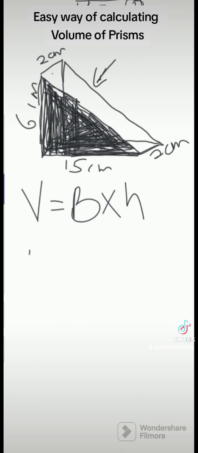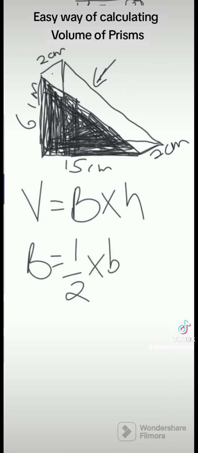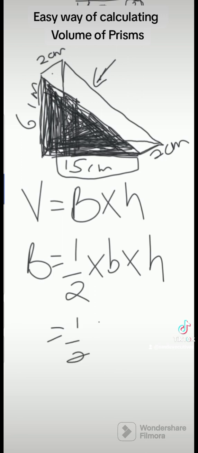So the base, which is a triangle, gives us 1 over 2 times base, that is the length b, times the height of that triangle. So the base of the triangle is 15 this side. That will be 1 over 2 times 15 times the height of the triangle, that's 6 centimeter.